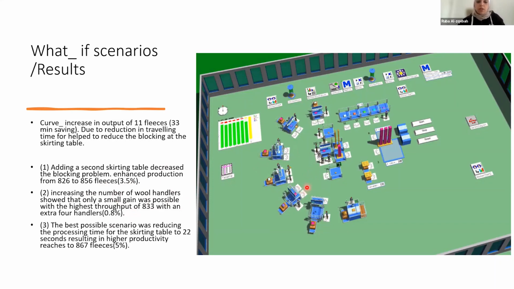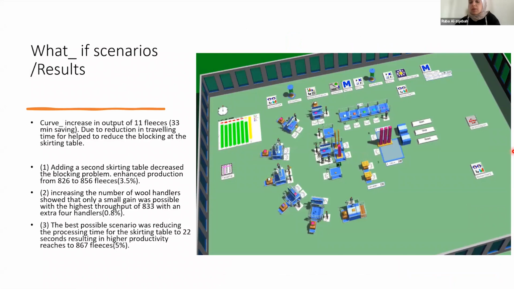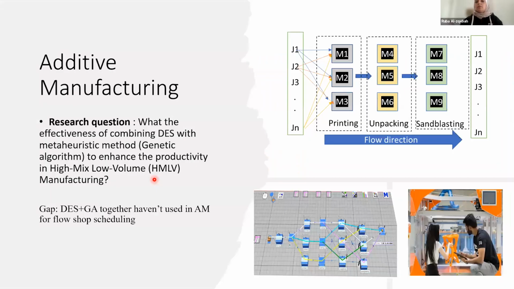It's not a good solution. And reducing the processing time for the skirting gives the highest percentage. It can increase output by 5% if we make the skirting table processing time only 22 seconds. So here we can analyze the production system with different scenarios and monitor the production system output, for example, the throughput.